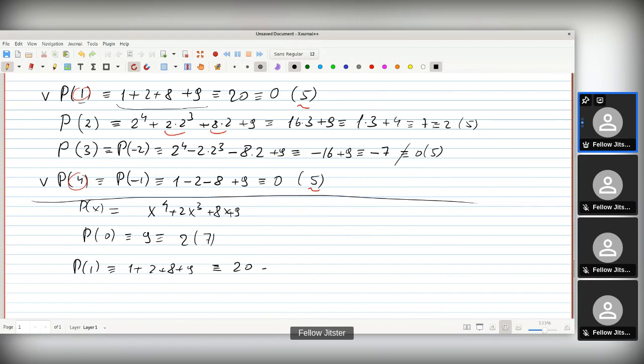It is 20, or modulus 7 minus 1, not 0. P of 2, what was it? 16 multiplied by 3 plus 9. But modulus 7, what is 16 modulus 7? 2.